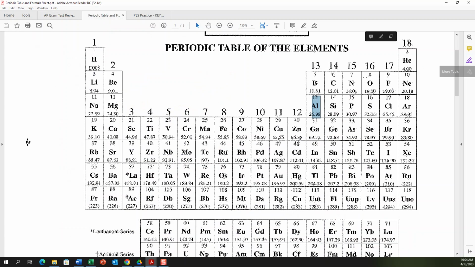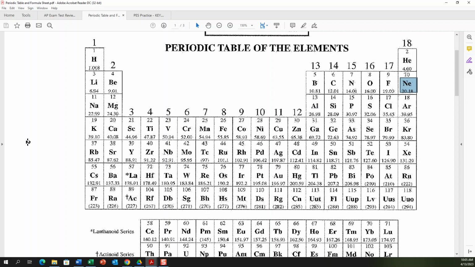So like if we're talking about nitrogen, the atom, neutral, is going to be smaller than aluminum atoms. But if we look at N3 minus versus aluminum 3 plus, they both have the same electron configuration as neon.